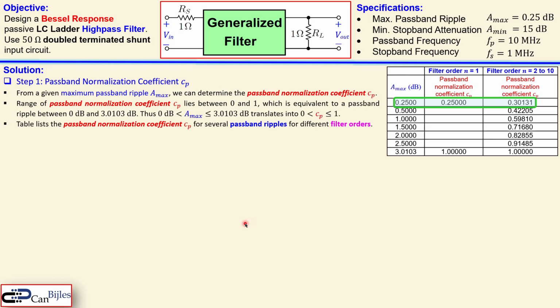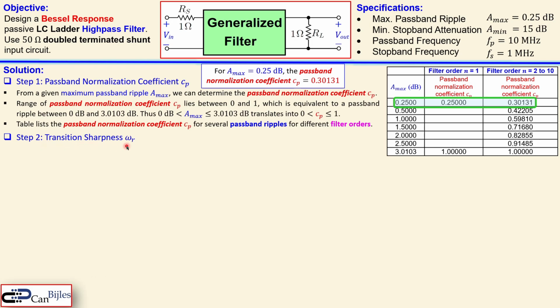We will see shortly why that is. So why do we take this one for 0.25 as our normalization coefficient? So that's the first step. That means for 0.25 we need to have a CP of 0.30131.